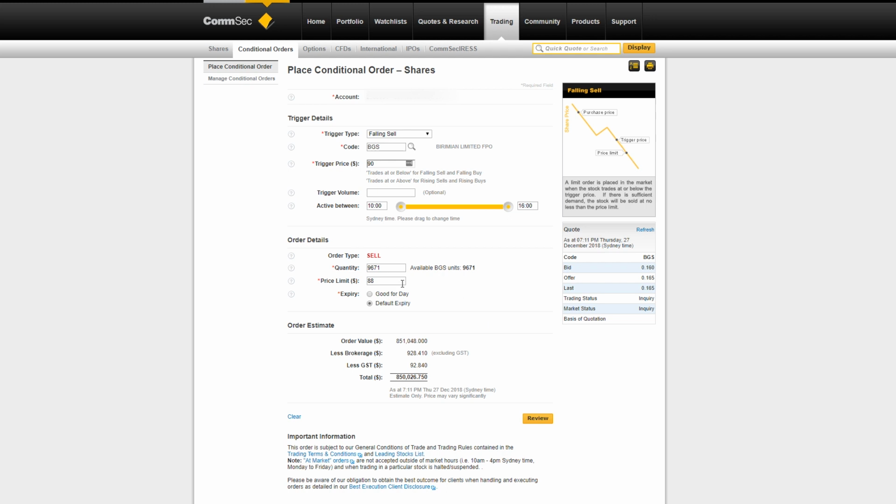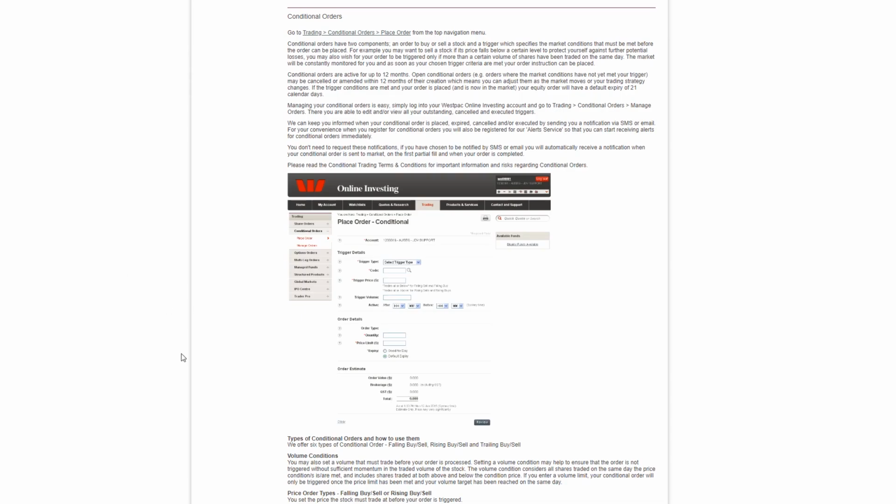The share's obviously a lot cheaper here, but let's say you set this limit. Should the price fall from $100 hypothetically to your trigger price at $90, you will sell most of your shares at $90, if not $88 at the lowest price. That's basically it in a nutshell.